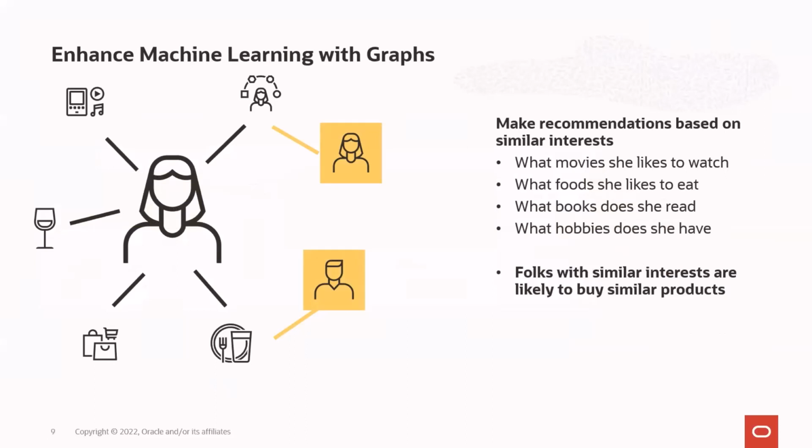Let's take a look at an example of how graphs can enhance machine learning algorithms, in this example of making product recommendations. Products are recommended to customers by identifying other customers who have similar interests. The idea is that customers who like the same movies, the same food, may tend to like and purchase similar products.